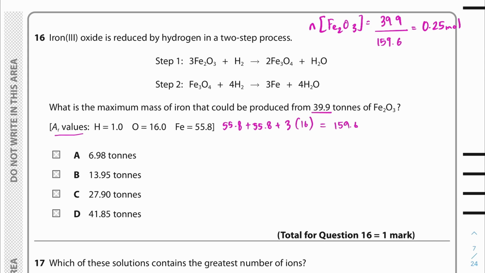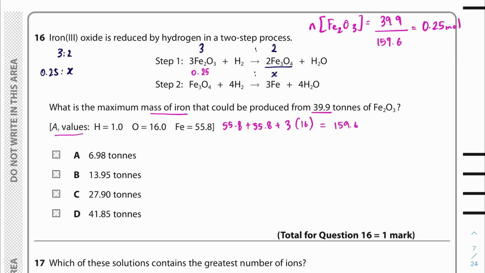So we know that we have 0.25 moles of Fe2O3. And to find how much iron, we need to find how much of this we have. So we can see this is a 3 to 2 ratio, right? What I would do, I always make this x, and I'm like, okay, so 3 to 2 is here, and 0.25 to x is here.